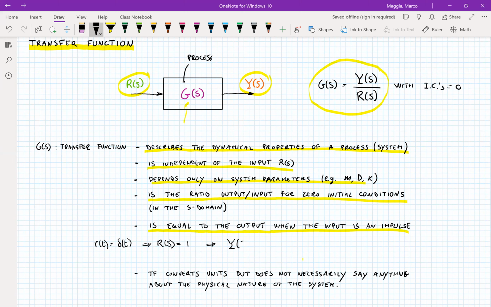So Y of s, that is the output, is equal to the transfer function of the process times the input. But since the input is simply 1, the output is equal to the transfer function. Or in other words, the transfer function is equal to the output when the input is an impulse.